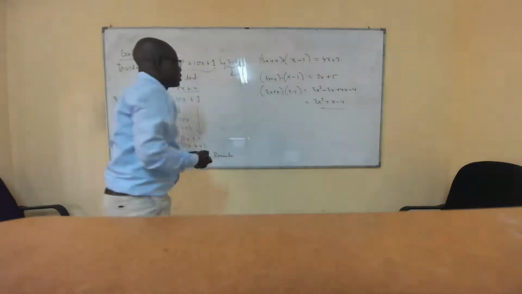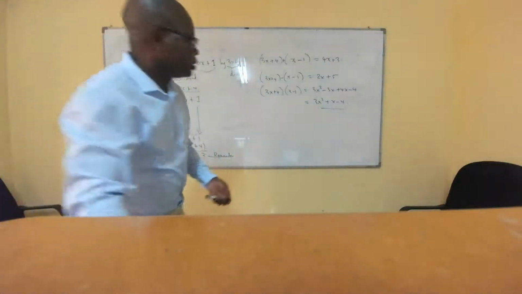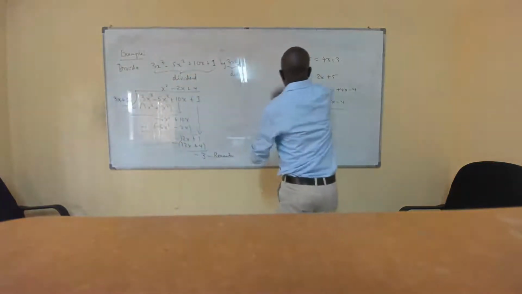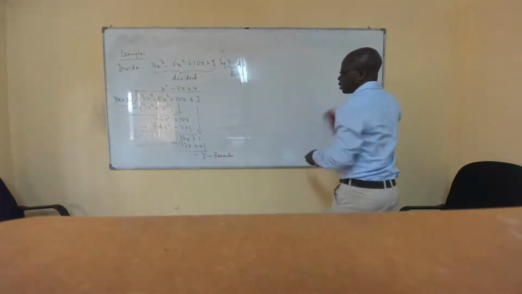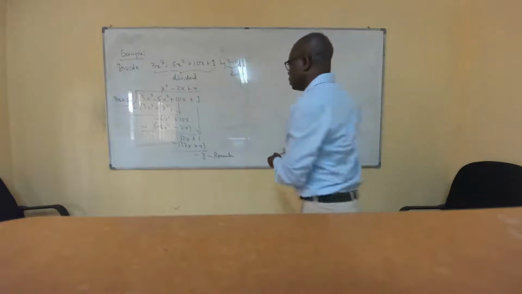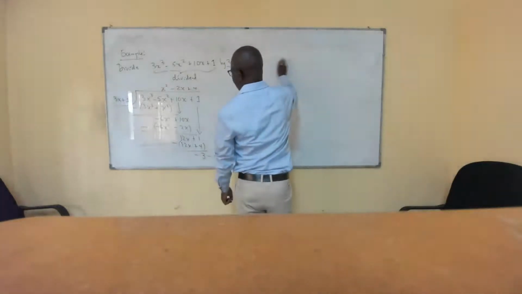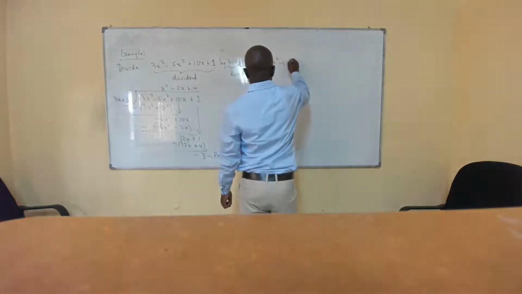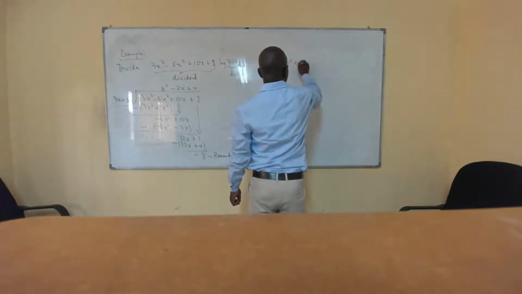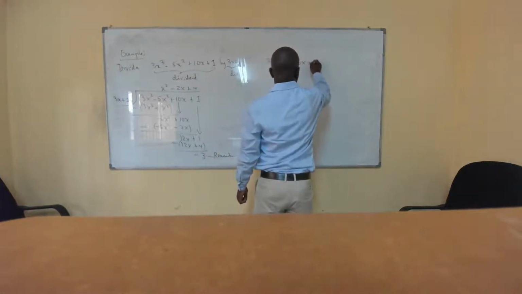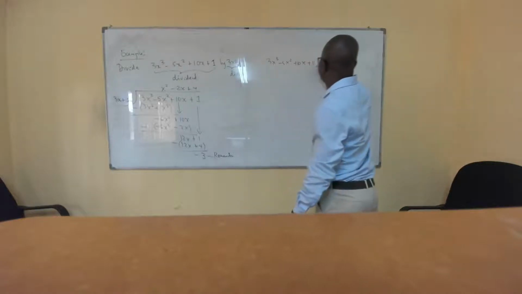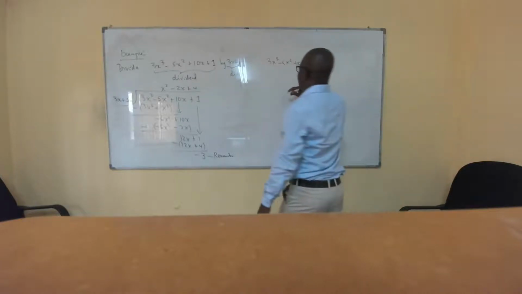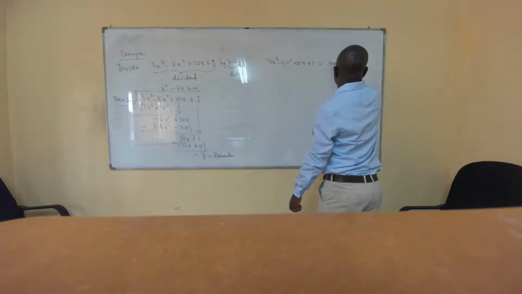The remainder. And they are related in the following way. What we are doing is you have 3x to the power 3 minus 5x squared plus 10x plus 1, which is the dividend. It is equal to, can you recover it by getting the divisor?